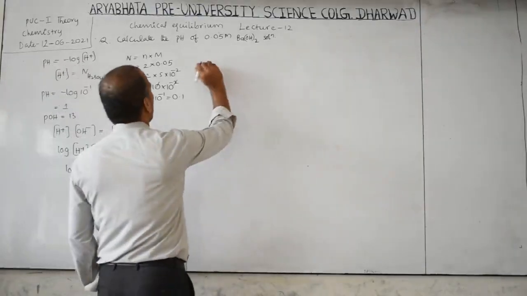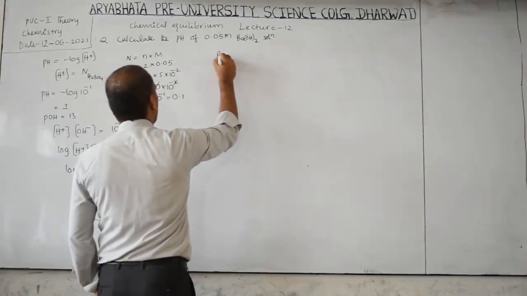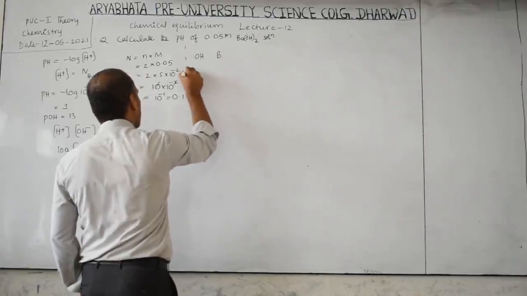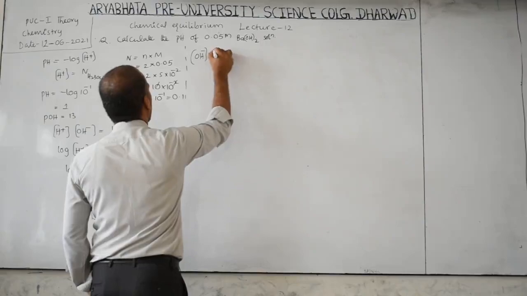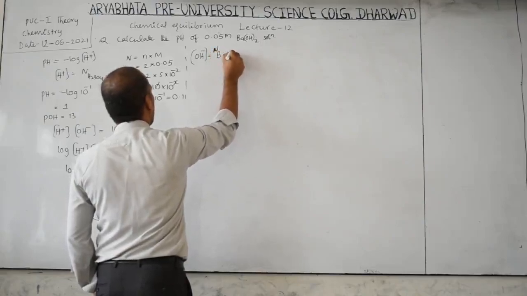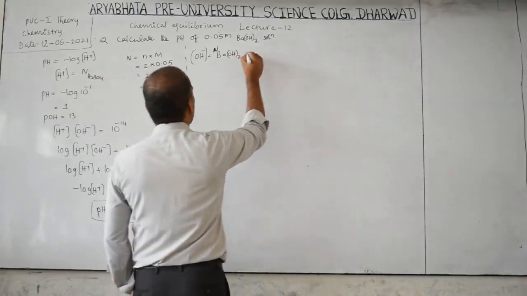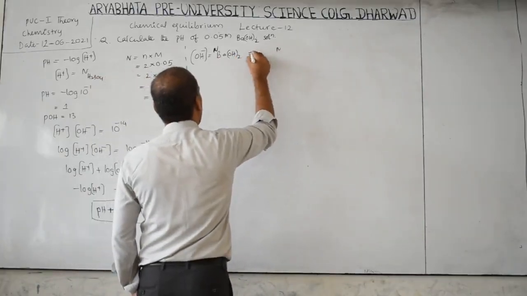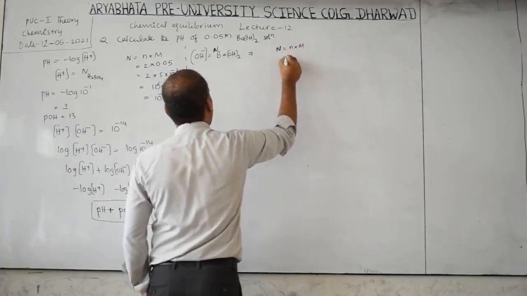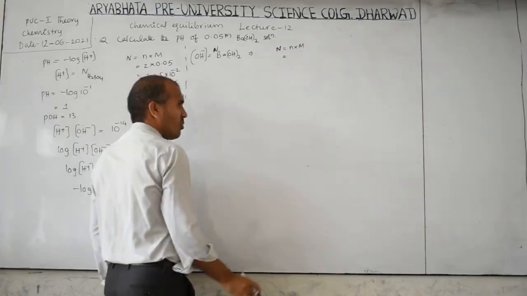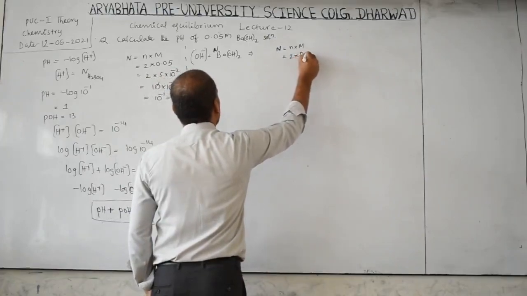So now this is barium hydroxide. OH minus ion concentration is equal to normality of barium hydroxide. This is very clear. Then how to calculate this? Normality is equal to N into molarity. N factor here is 2, because the number of replaceable OH is 2, and the molarity is 0.05.